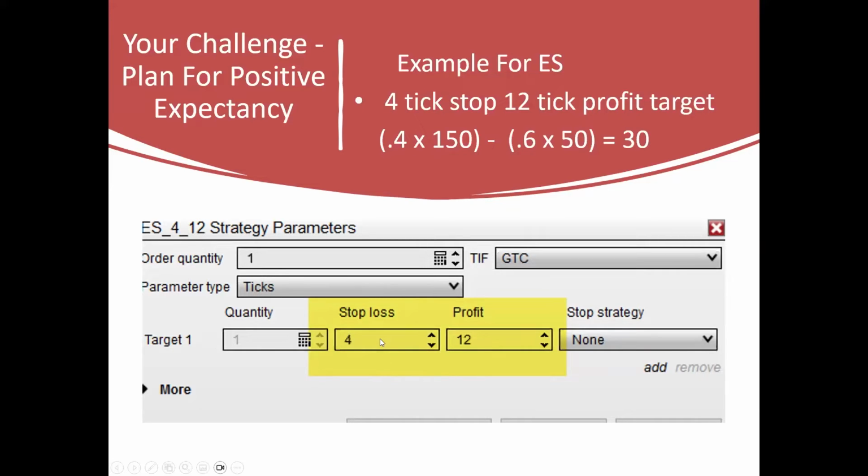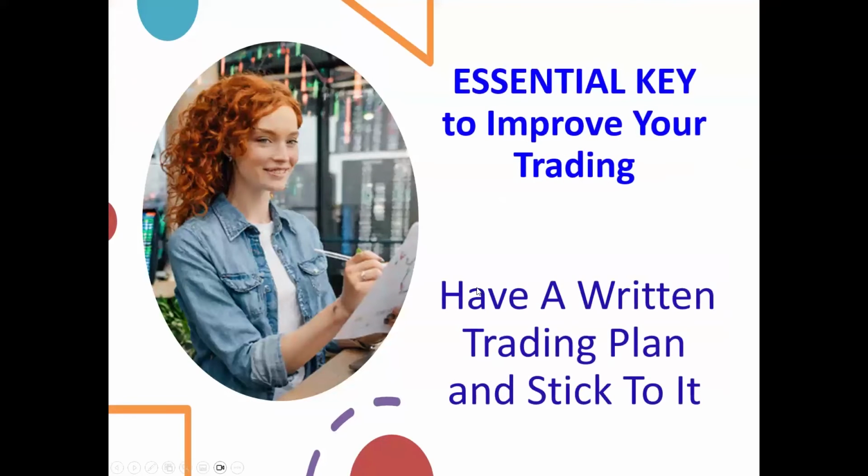So using a 4-tick stop with a 12-tick profit target, you can see if you had, for example, 40% winning trades and 60% losing trades, you're still going to have a positive expectancy. All right, so expectancy is really just a calculation that we do just to see if you have a mathematical probability of success in your trading, which is very important.